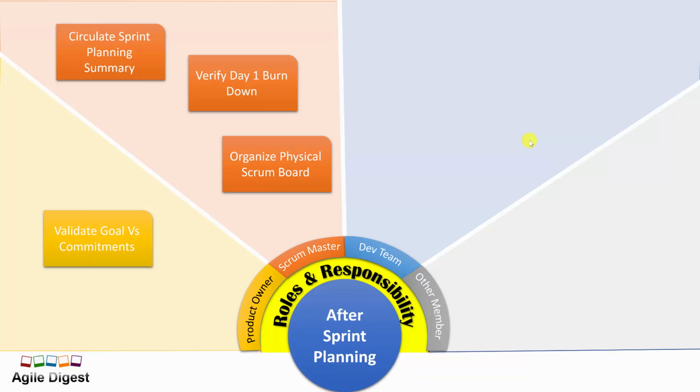Then also verify the day one burn down, so you just have a very quick look at how the burn down is coming up and what the expected or ideal line is showing, how feasible it is based on the previous few sprints that we have completed. And then start working on preparing the physical Scrum board. Nowadays many teams don't have that physical Scrum board because everything is in an ALM like Rally, Jira, TFS or VersionOne.